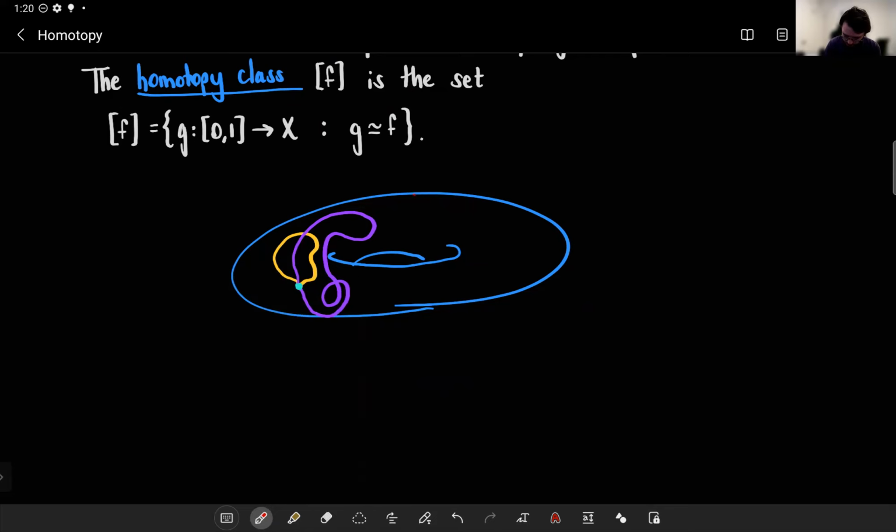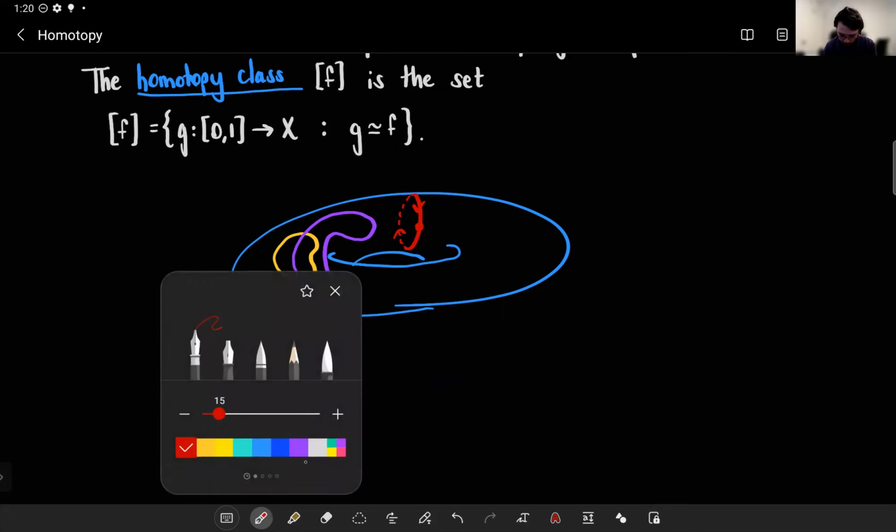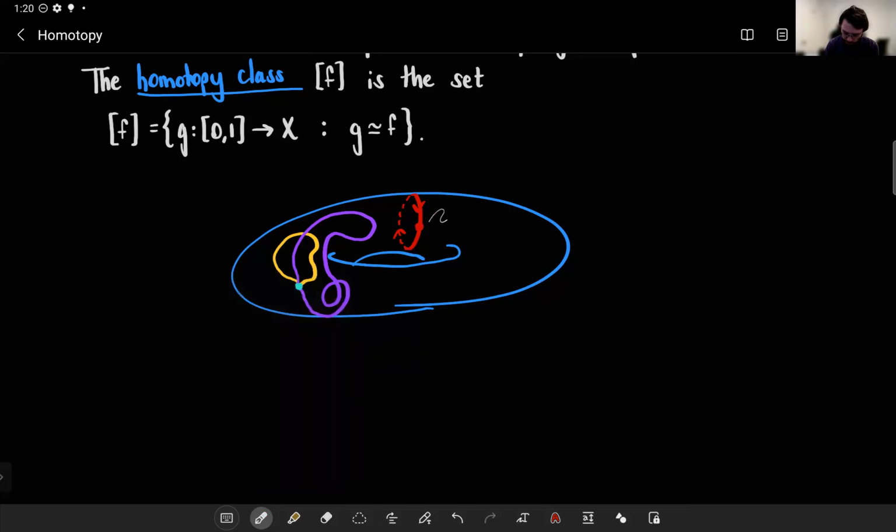If I wanted to talk about this guy, there's some loop starting and ending somewhere. That's in a different homotopy class, right? I can't deform that to any of the other curves I drew, but it's in the same homotopy class as, say, this kind of wobbly guy. You can continuously deform white into red or vice versa.